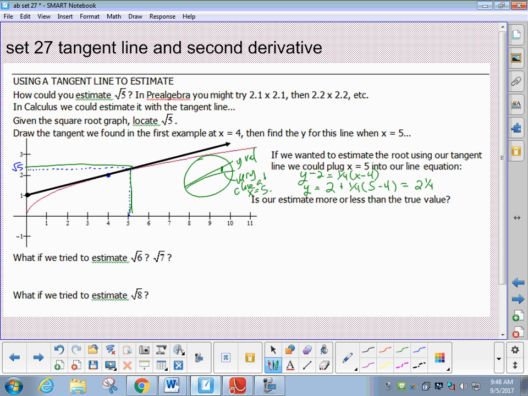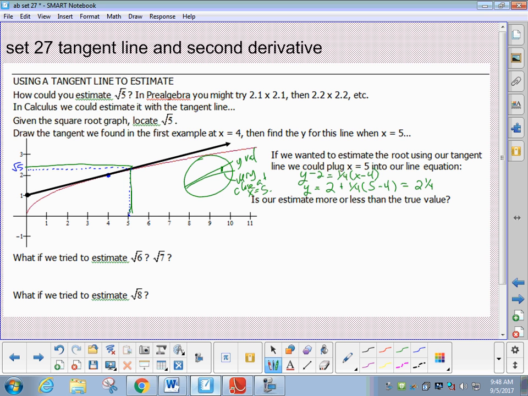The curve is changing 1 unit of y for every 4 units of x, is what that slope means. But I'm only changing x by 1 unit because I'm going from 4 to 5. So y will only change by 1/4 unit. That's baseline 2 plus a little bit more, a 1/4, which puts me at 2 1/4. Do you see what I'm saying? Sure you do. Okay.